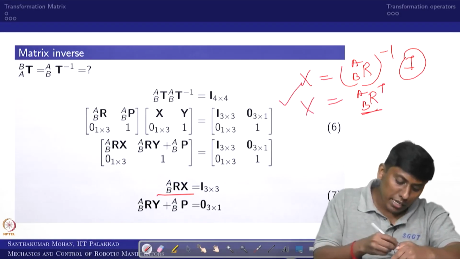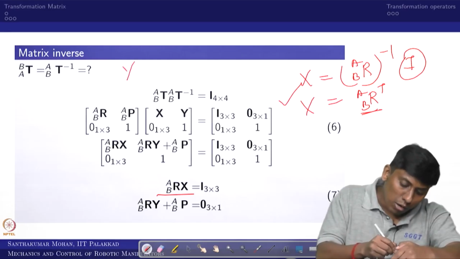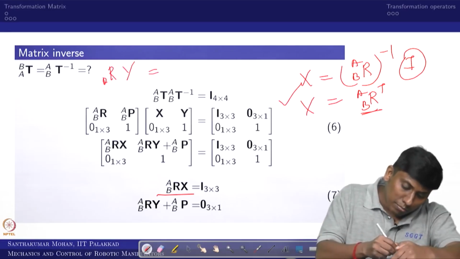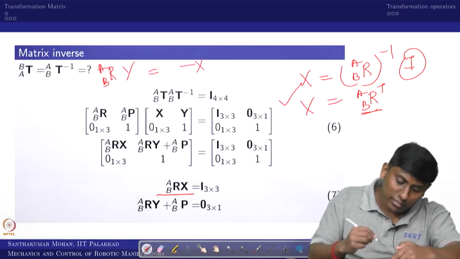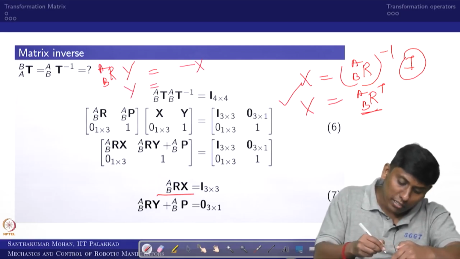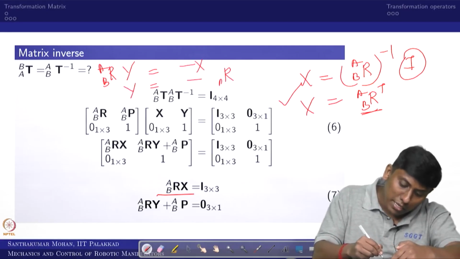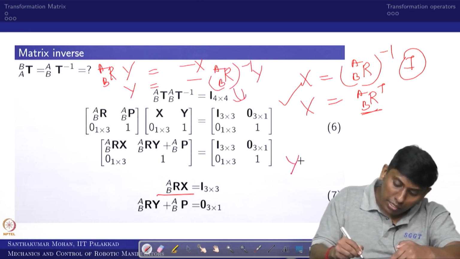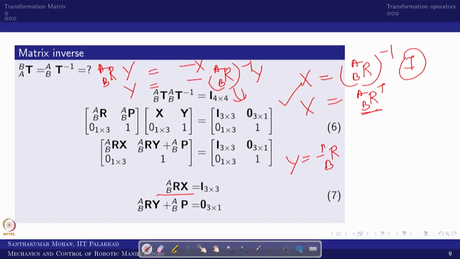Similarly, Y can be obtained. So how? You can write, this is RBA equal to minus X, then Y is minus RBA whole inverse into the position vector, and this is equivalent to what? So I am writing Y is minus R transpose BA, right?